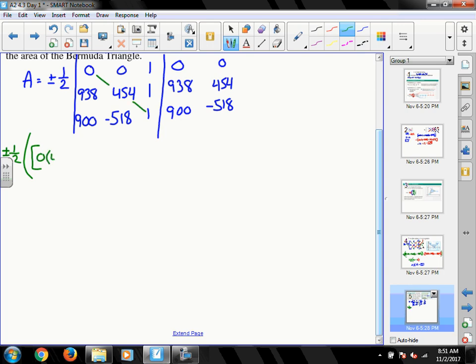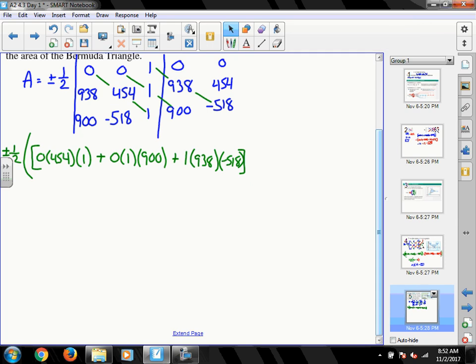So I'm going to take 0, 454, and 1 to calculate those, plus 0, 1, 900, plus 1, 938, and negative 518. So 1 times 938 times negative 518. Close that bracket. And now I'm going back my other way, taking that negative side.